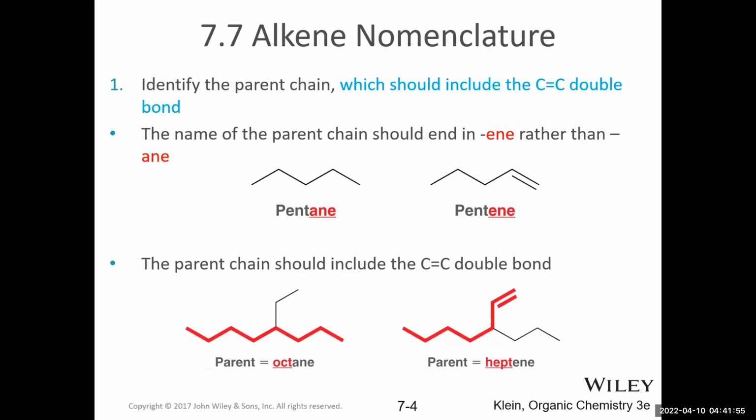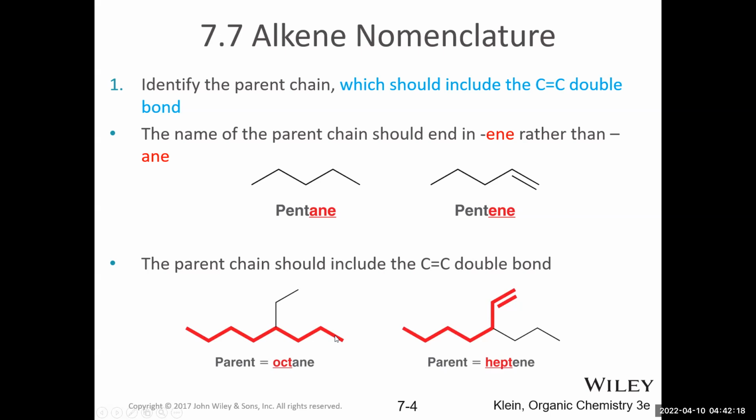Let's look at some examples. Recall that the first thing that we need to do is identify the parent chain. And it has to include the carbons that participate in the double bond, even if that's not technically the longest carbon chain. For example, the longest carbon chain in this structure is an octane.